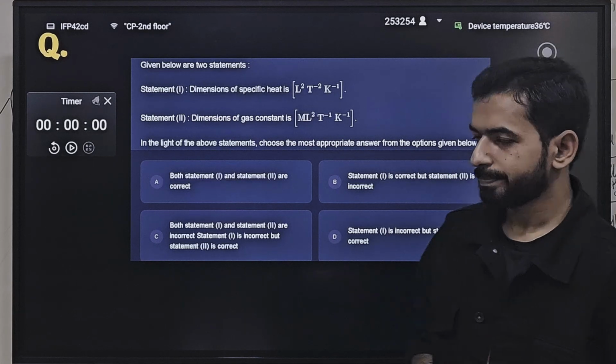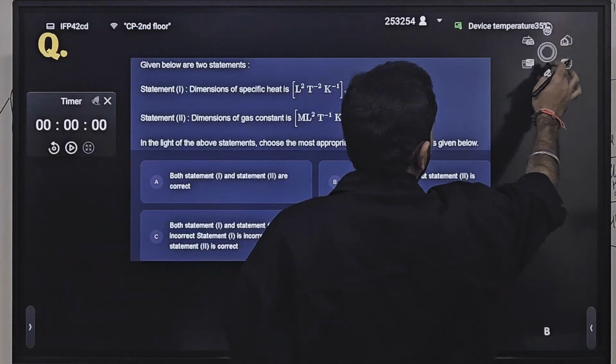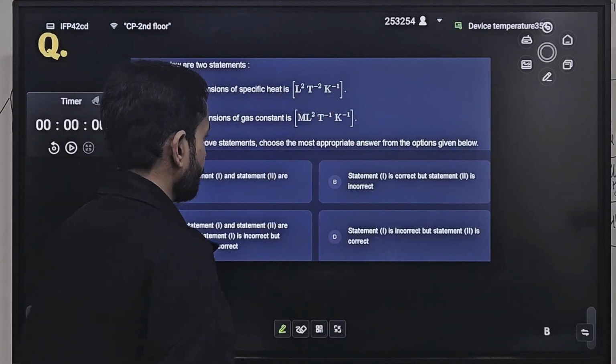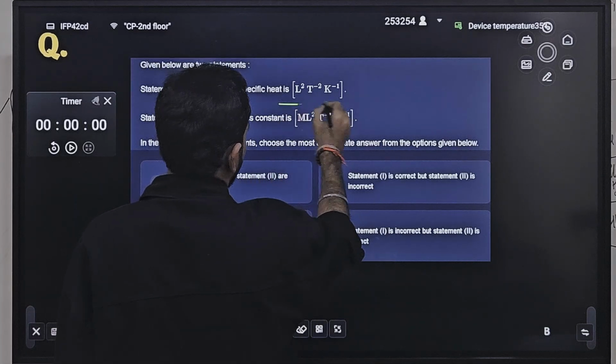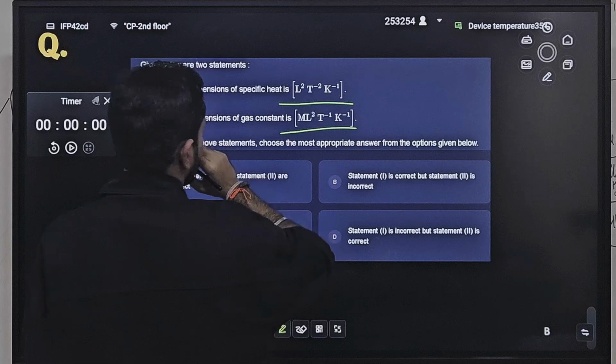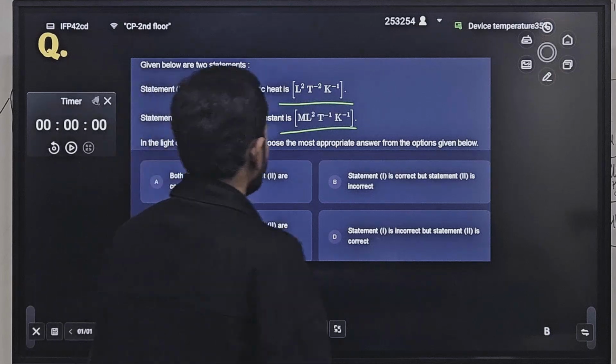Have you solved this question? Let's see how to solve this. Fine. Statement 1 is the dimensions of specific heat, and statement 2 says the dimension for the gas constant is given like this, and then it is asking which option is correct. So what is specific heat?